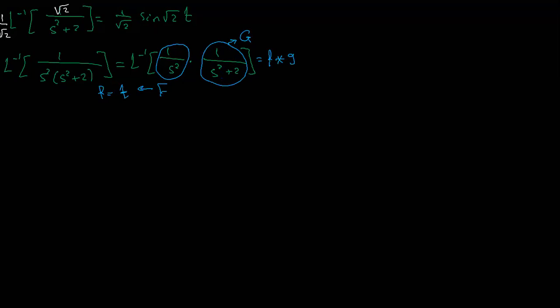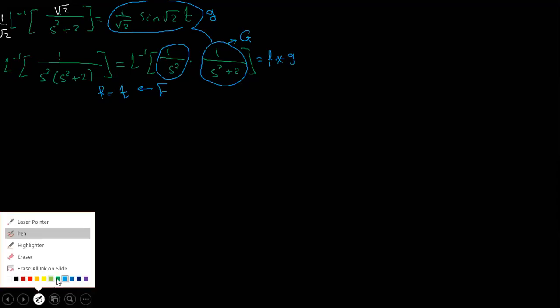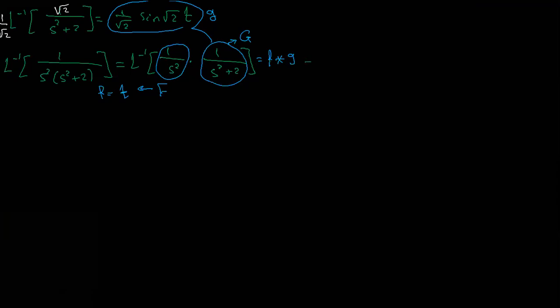Where is the inverse of 1 over s squared plus 2? We got it in the previous step. Yes, we find it here. This is my g small. So let me apply the rule: t convolution 1 over root 2 sine root 2t.